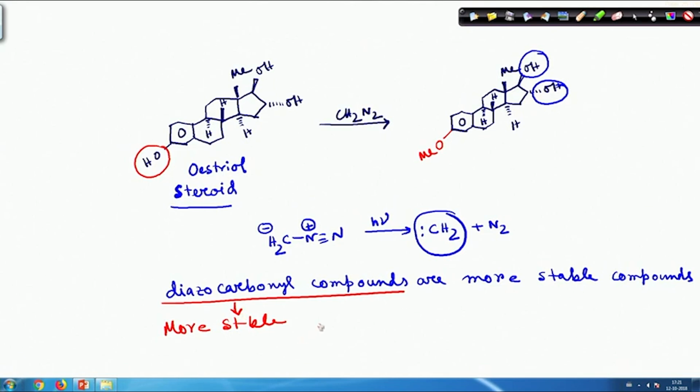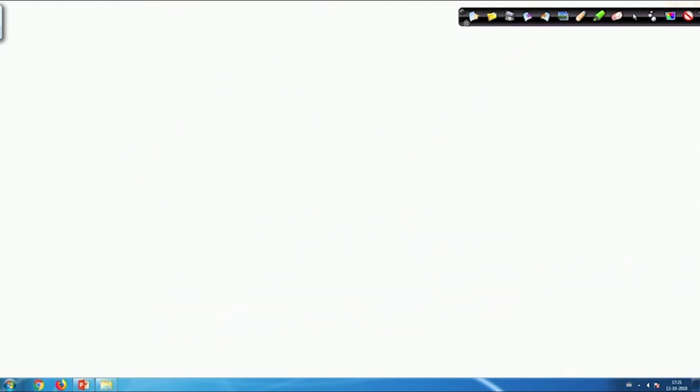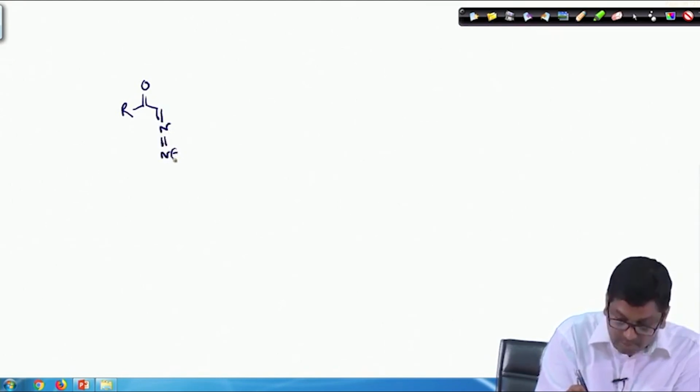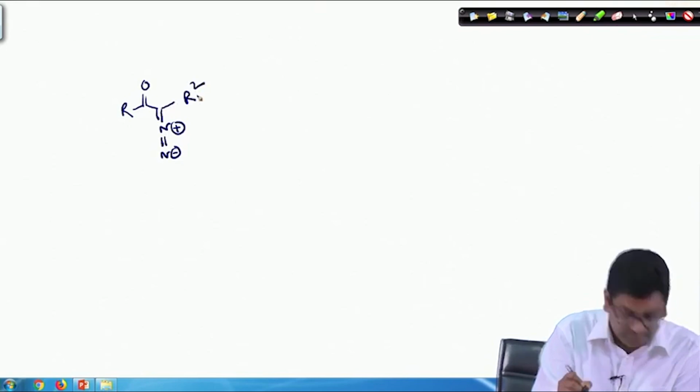Okay. So, now why is this stable? Why is this stable? If you see the structure of these diazocarbonyl compounds, it is something like this. Okay.